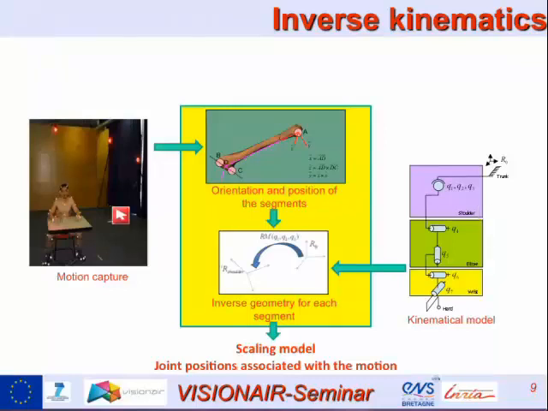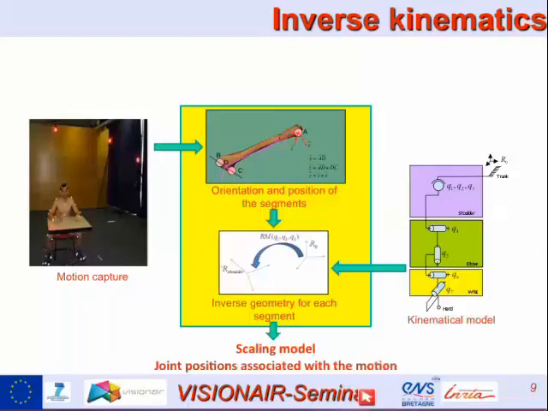So let's recall, we go from motion capture. By motion capture we can obtain the orientation and position of all the segments. With inverse geometry and the functional kinematical model we define, we can have a scaling model that's dedicated to the captured person, so the scale is taken into account.